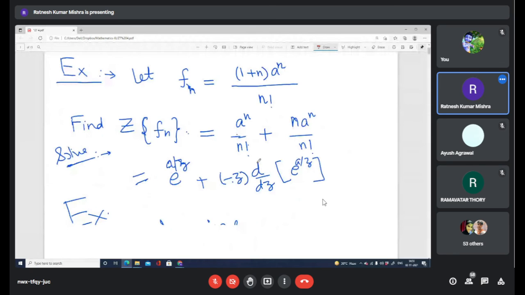And second, for p equal to 1, so f1 is limit z tending to infinity, this is z f(z).